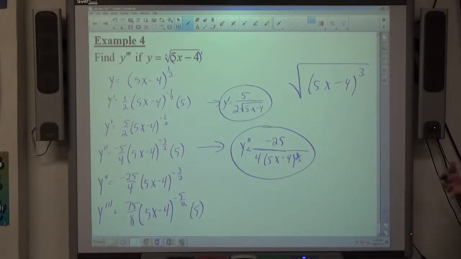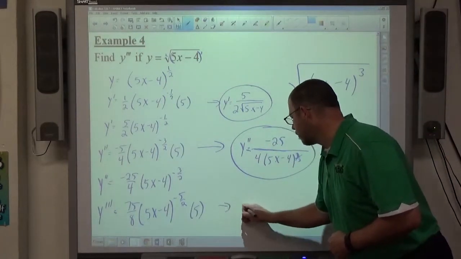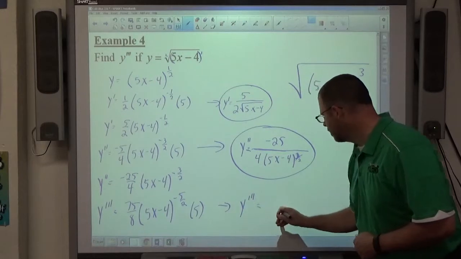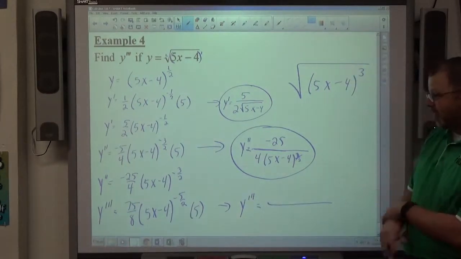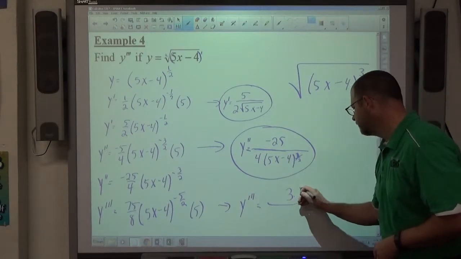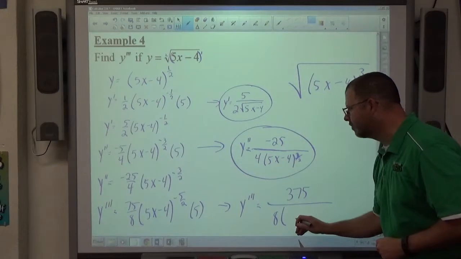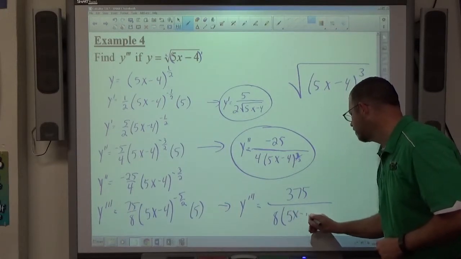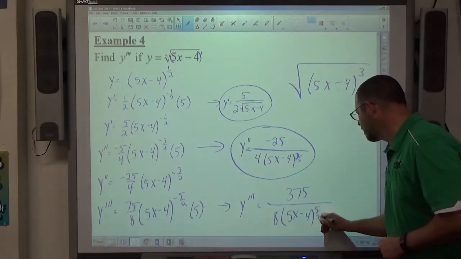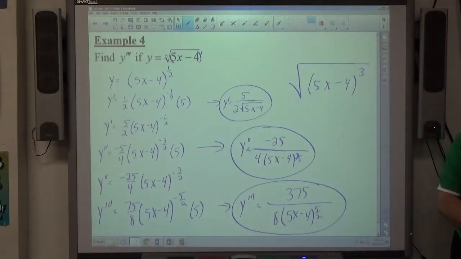Third derivative, so now I want to make this a pretty answer. So y triple prime equals 75 times 5 on top, which is 375, and an 8 on the bottom, and 5x minus 4 to the 5/2 belongs on the bottom. That would be my third derivative for that one.